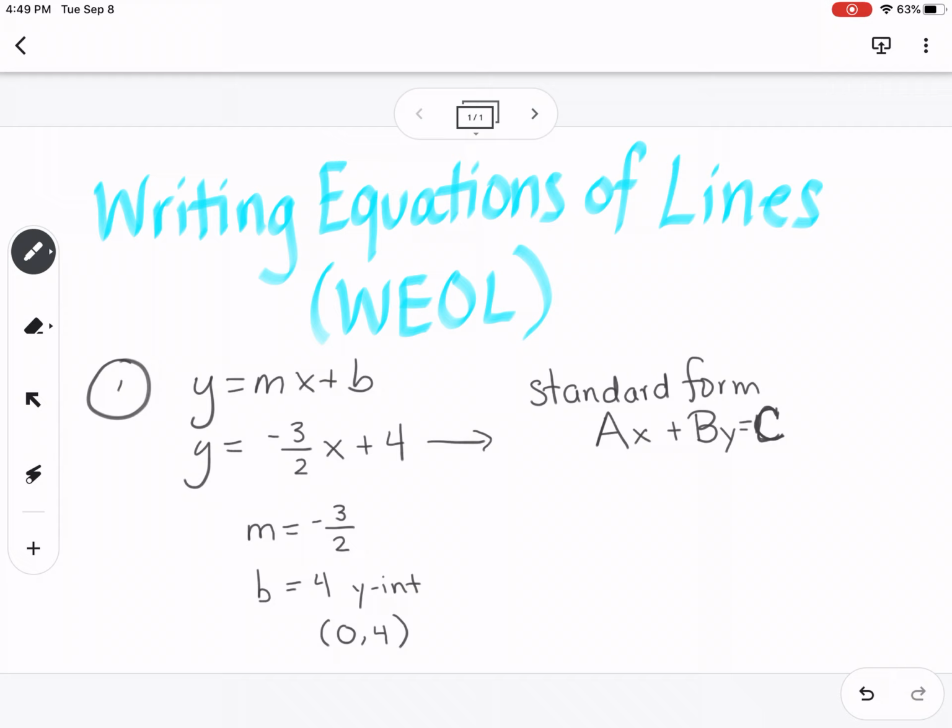There are no fractions allowed anywhere in the equation, so A, B, and C must be integers. We do not want A to be a negative number, so it must always be positive. I think that's it. So, no fractions, and A must always be positive.